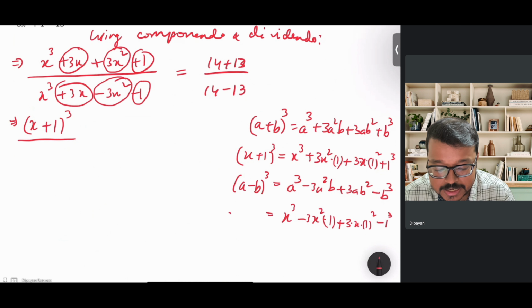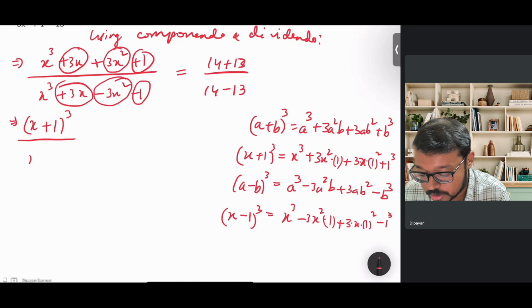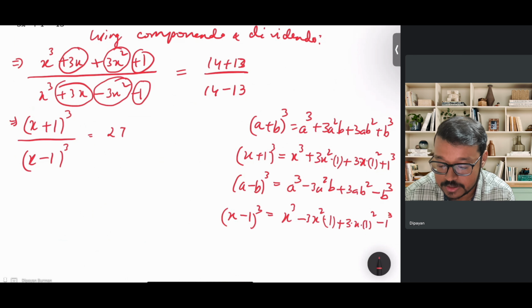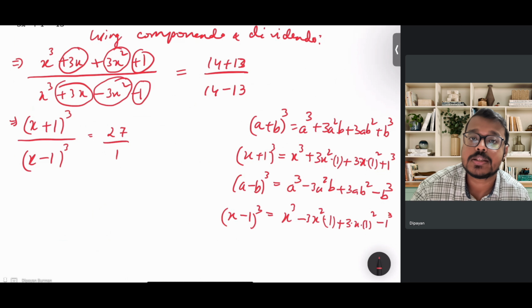So this is exactly same as x minus 1 whole cube. So the denominator is x minus 1 whole cube. That is equal to 14 plus 13, which is 27, by 14 minus 13, which is 1.